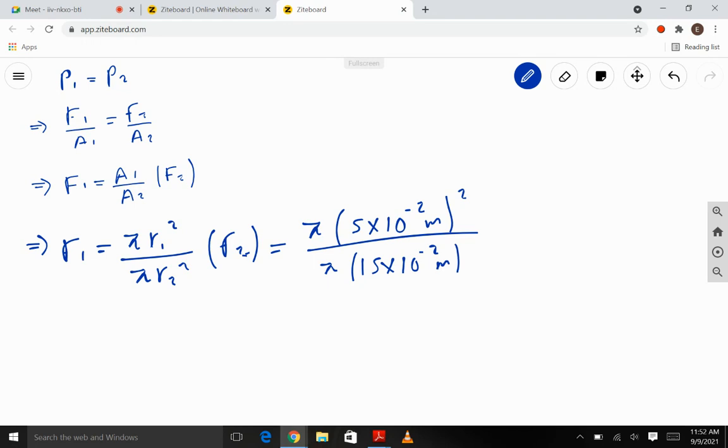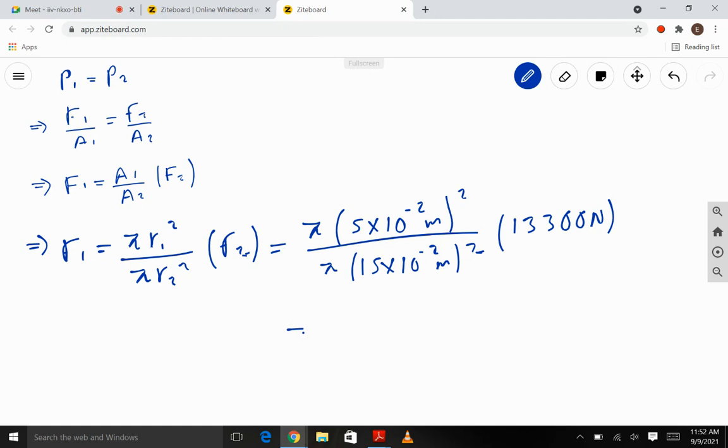Then F2, the force we are trying to carry, is that. Okay, so that's the force that we are trying to carry.